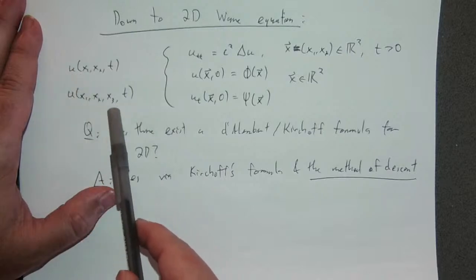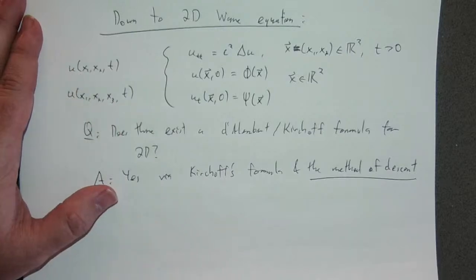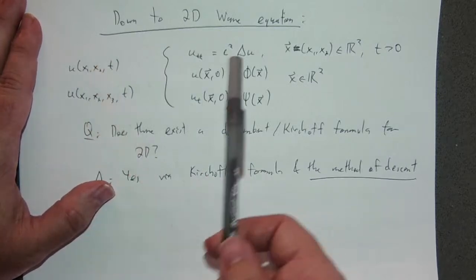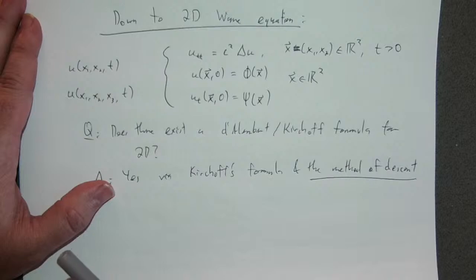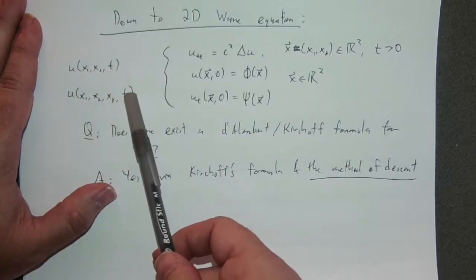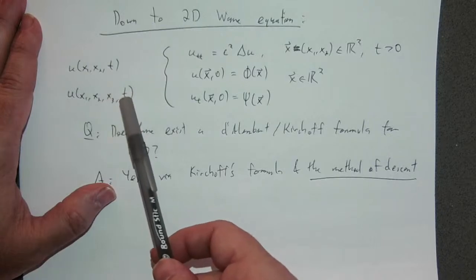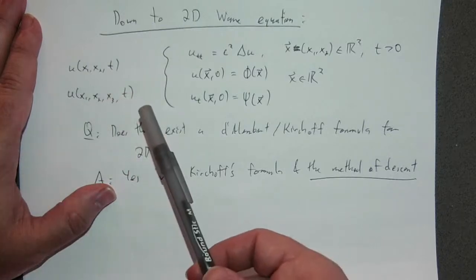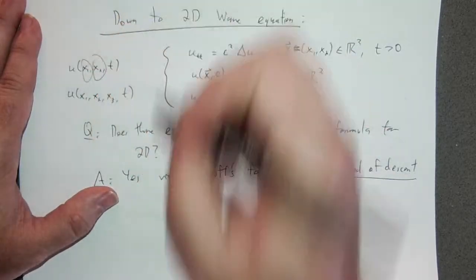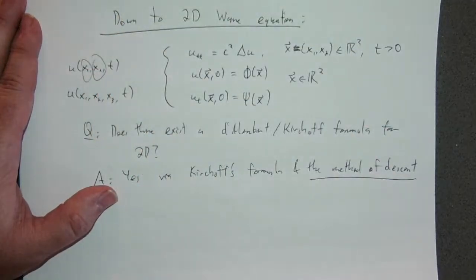So there is no actual dependence on this third variable. This thing is actually independent of that variable. This lifts it to a 3D solution, but then we use Kirchhoff's formula for this 3D solution. But Kirchhoff's formula only depends on the sphere, which is two-dimensional, so you can parameterize the sphere via two parameters that we have present in the solution that we seek, and then we can project this 3D solution from Kirchhoff's formula back to 2D.